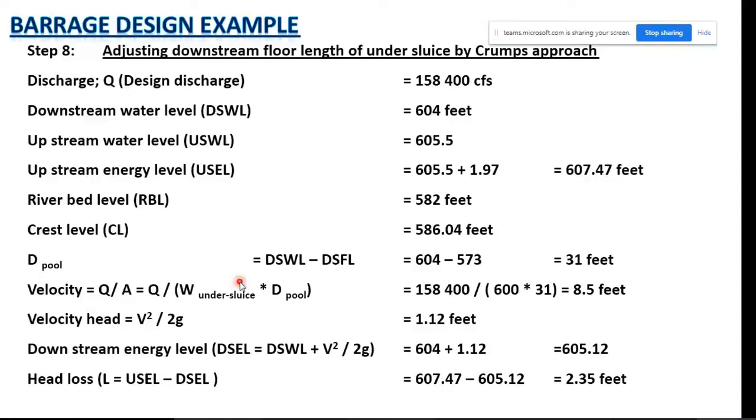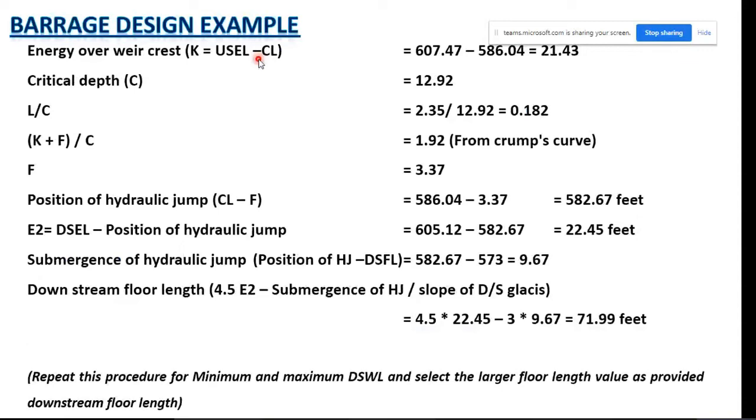Velocity head is calculated. Downstream energy level will be downstream water level plus velocity head. Losses are the difference between the upstream and downstream energy level. K is the same as done in the previous step. C is the same as done in the previous step. The critical depth of flow, L over C, K plus F over C are seen from the Crumbs curve.